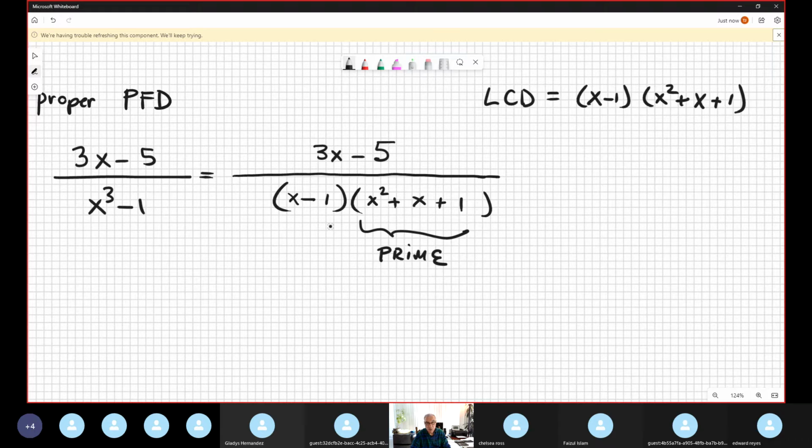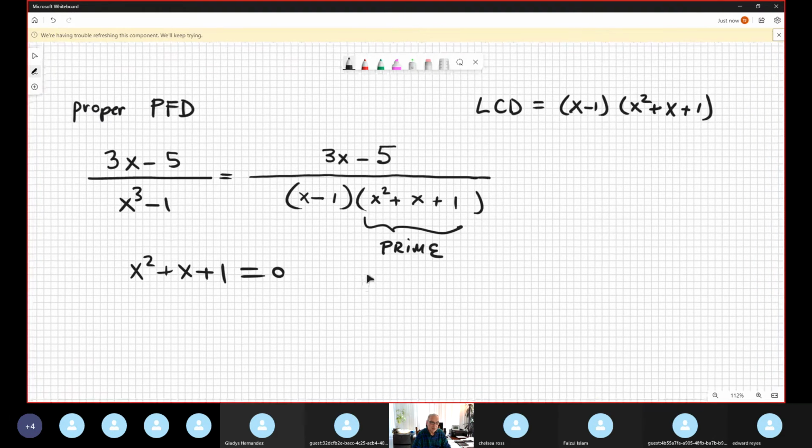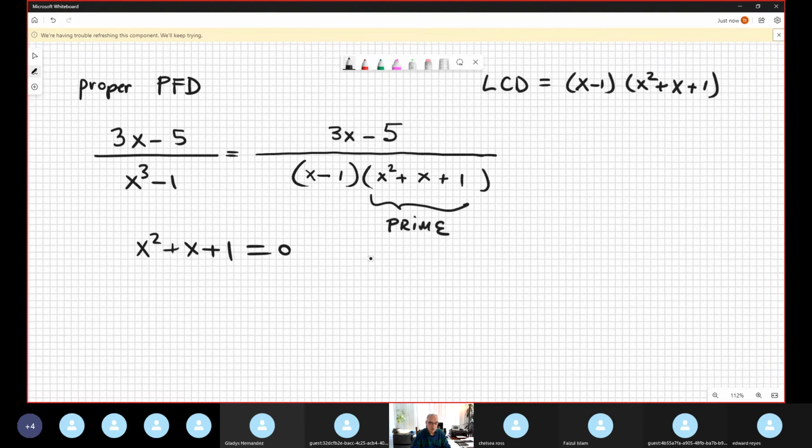One fantastic way of verification is to take, for example, x squared plus x plus 1 equal to 0, and apply the quadratic formula. However, not necessarily apply the whole formula, because you take a, b, and c, and compute the discriminant, and the sign of the discriminant gives me information about whether the roots are complex or real.